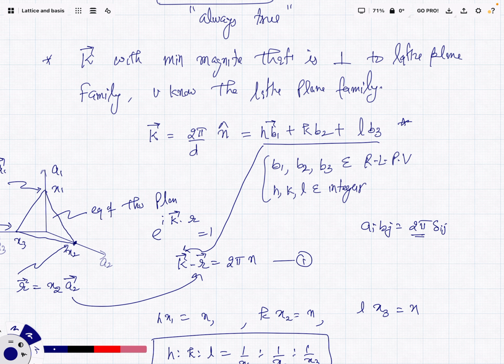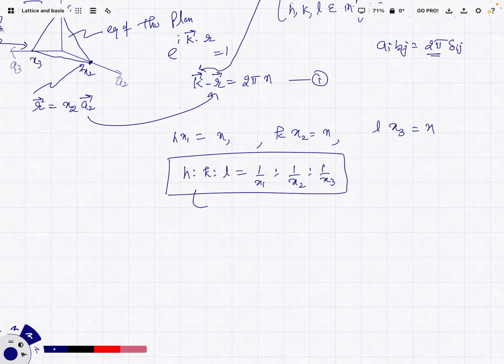If it has a common factor, it will not be the minimum k; it will be 2 pi by d into some n times. That is not the k with the minimum magnitude. I want the k with the minimum magnitude, which is the one where h, k and l don't have any common factor.